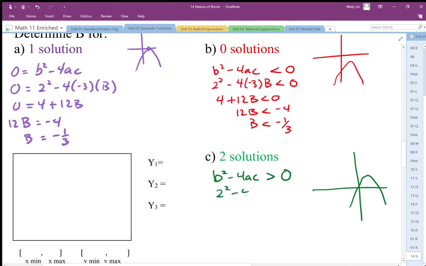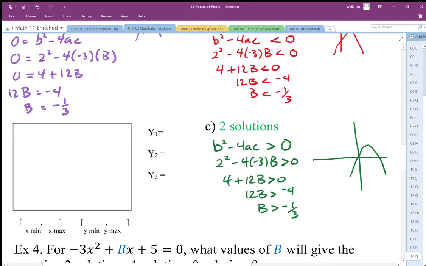Plug in my values, solve for this. Then 12b is greater than negative 4, so these are all the exact same equations. The b must be bigger than negative 1/3. If it's bigger than negative 1/3, it'll stay above the x-axis, and I have 2 solutions. So that's what my graph's going to look like.